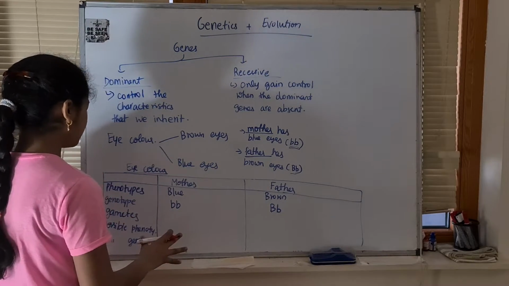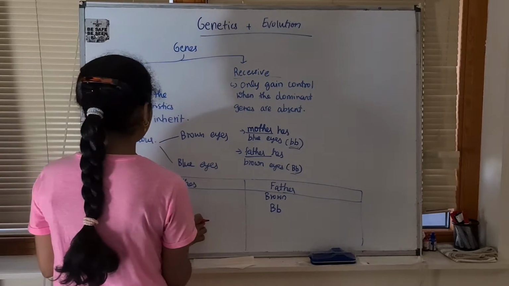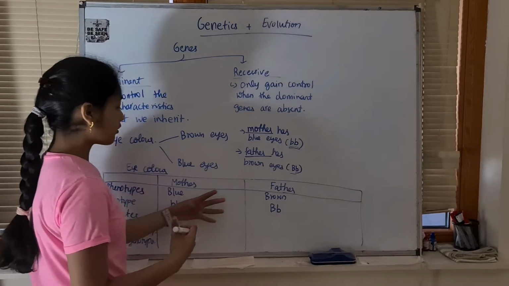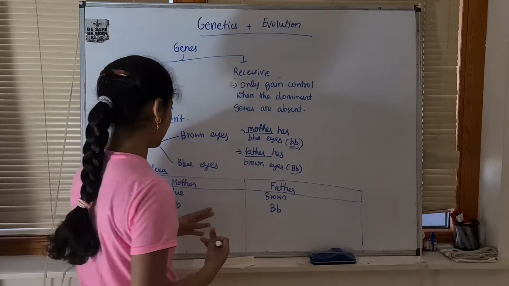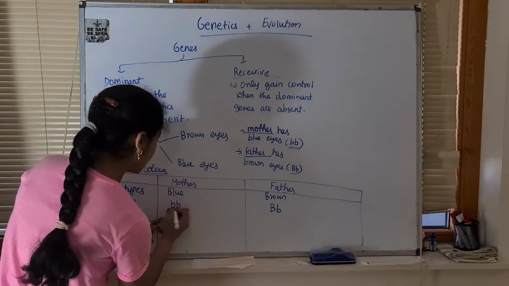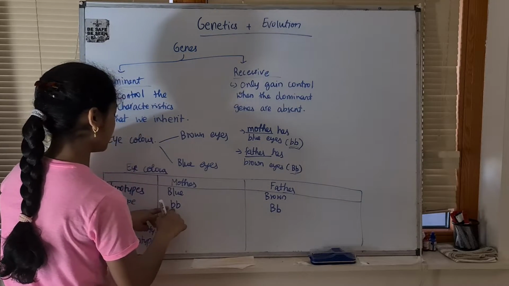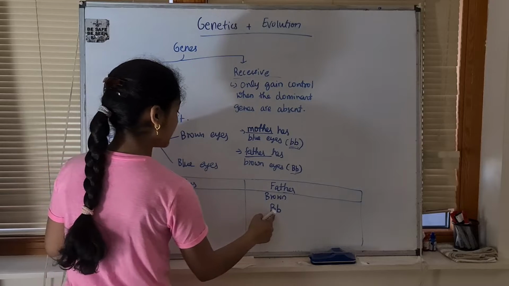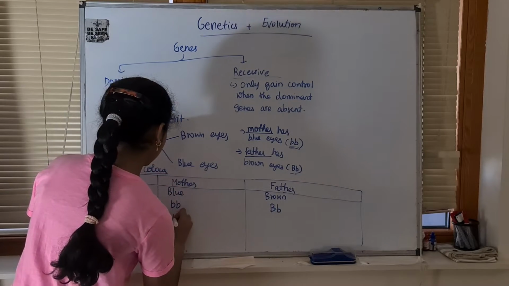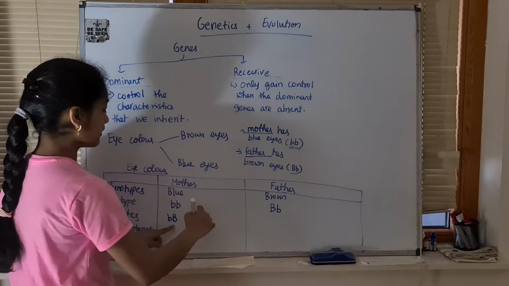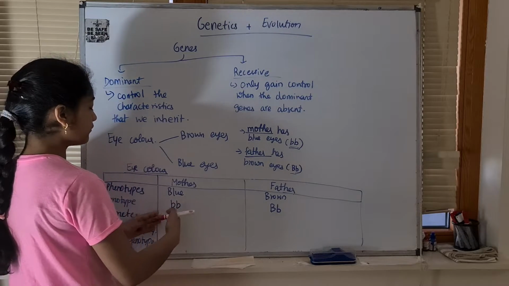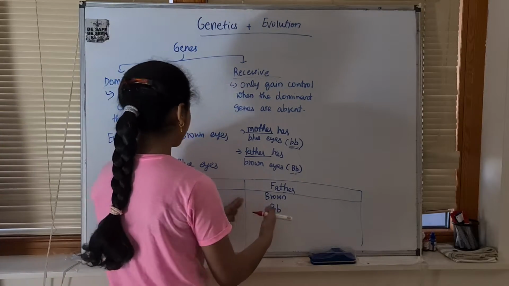Gametes. Now this is where we cross the mother's and father's genes. One gene from mother and one gene from father.